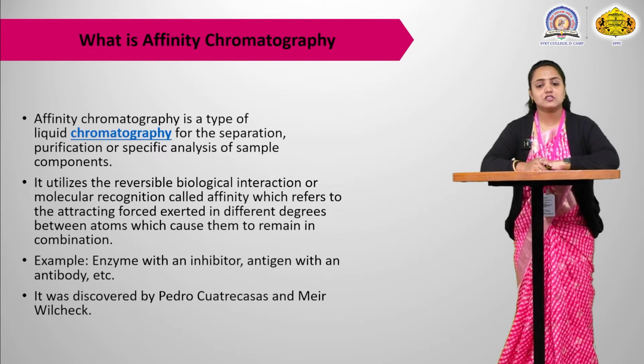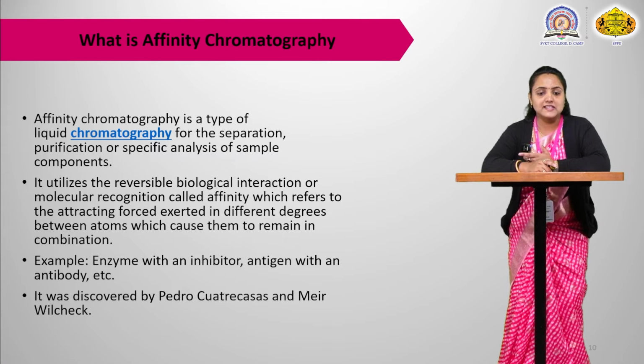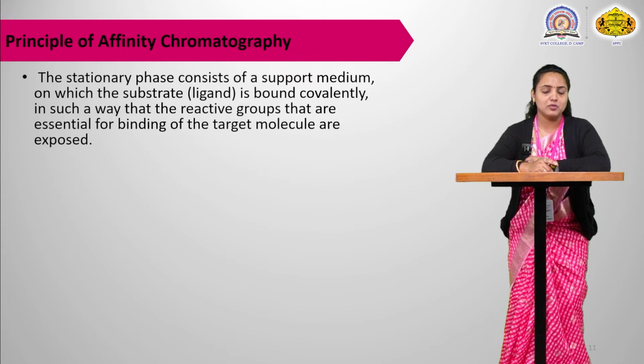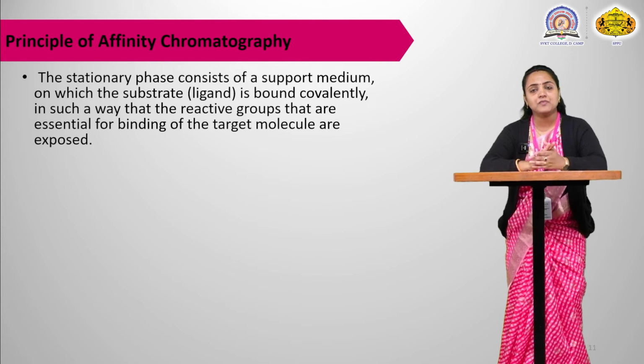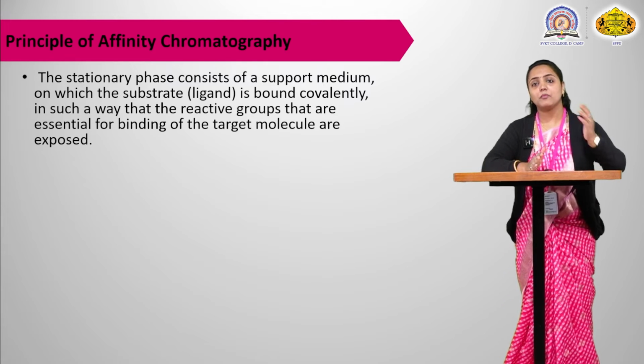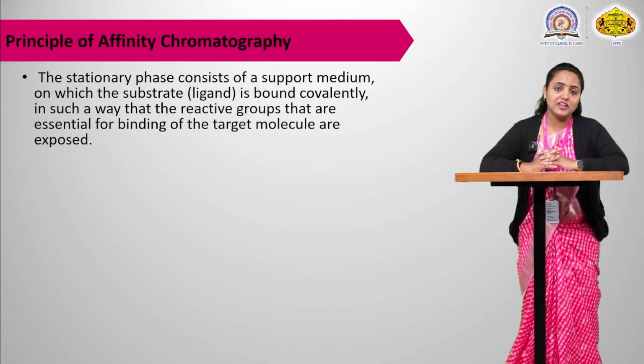This method was discovered by Pedro Cuatrecasas and Meir Wilchek. These two scientists discovered affinity chromatography. The principle here is as in paper chromatography: we have a mobile phase and a stationary phase.